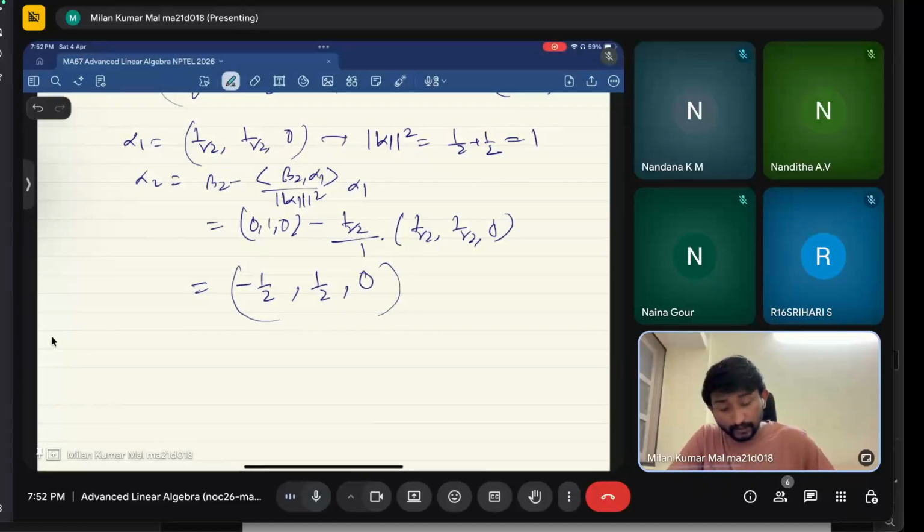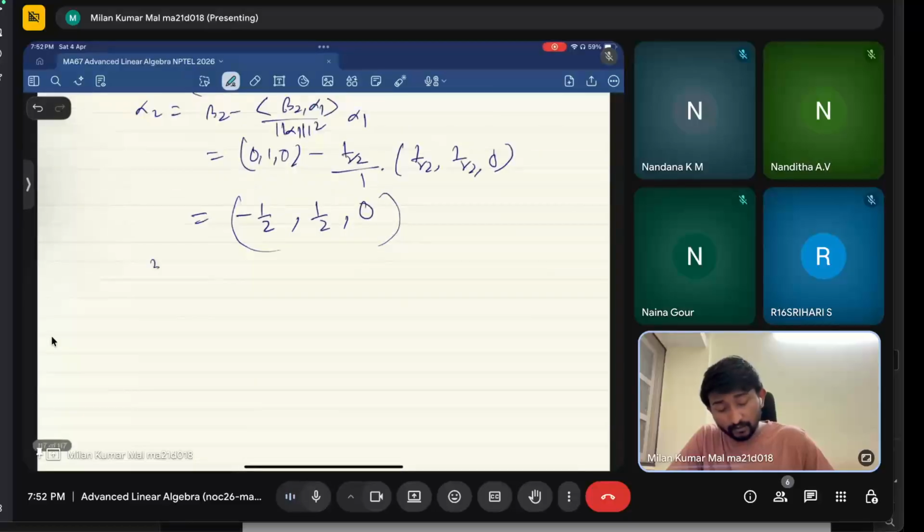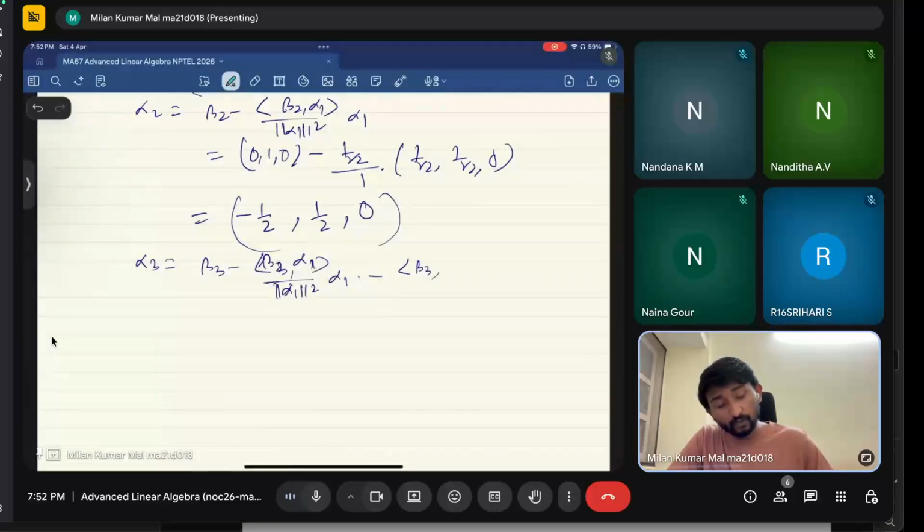Okay, and alpha 3 is equal to beta 3 minus the inner product of beta 3 with alpha 1 by norm of alpha 1 squared times alpha 1, minus beta 3 with alpha 2 by norm of alpha 2 squared times alpha 2.